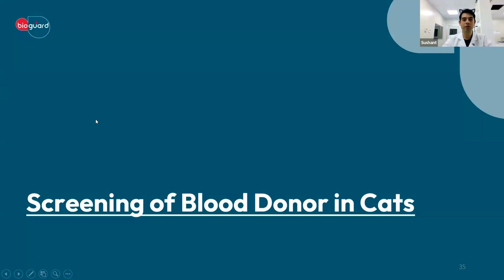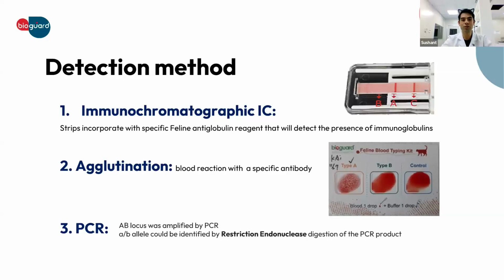Now we come to the point of how we can screen the blood donors in cats. These are common methods that are used throughout the world, and most cost effective as well.